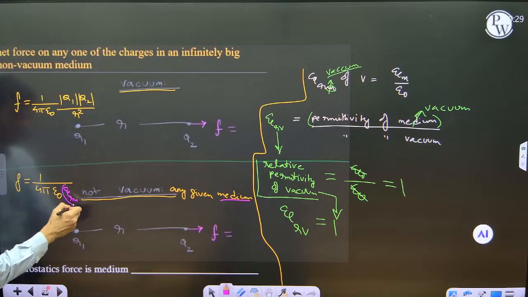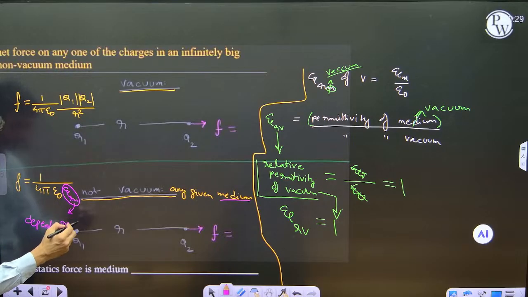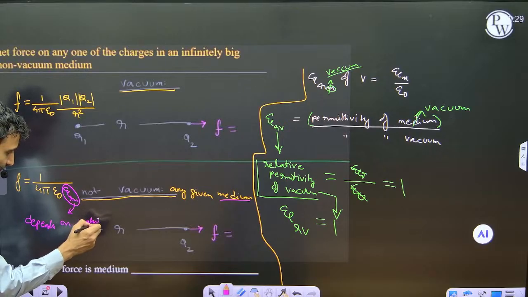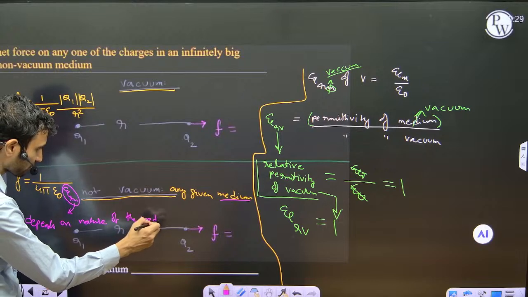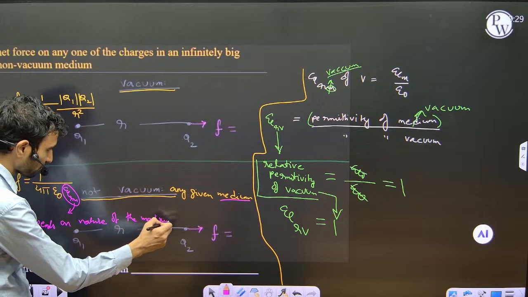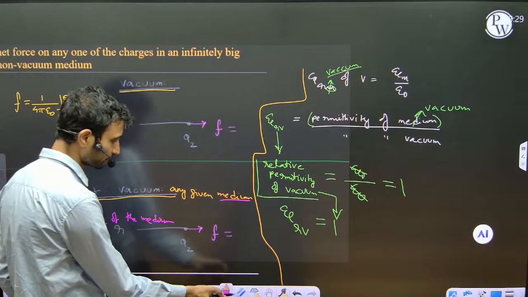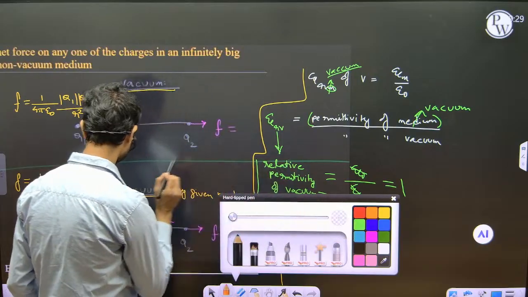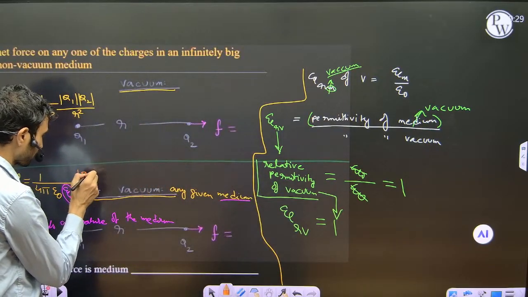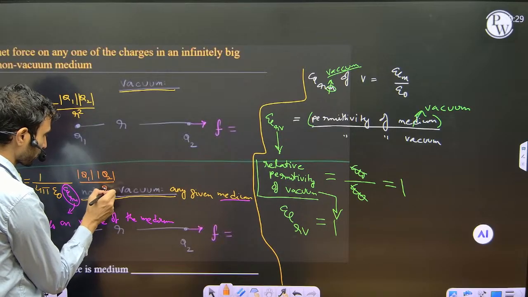This term also comes here, and this term depends on nature of the medium, into mod q1 mod q2 divided by r square.